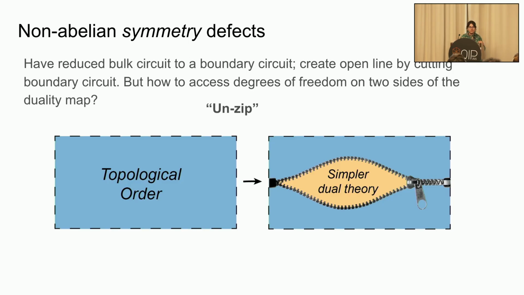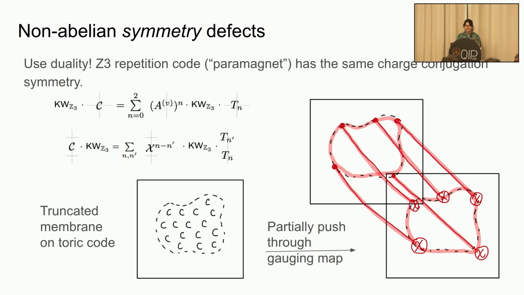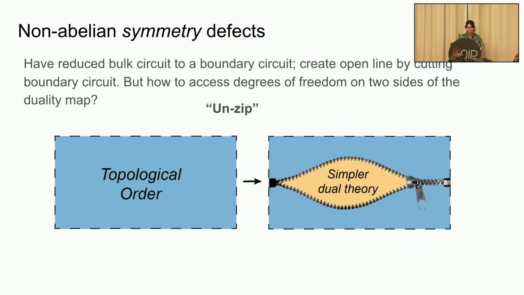But what I can do is use this unzipping. So what I do is just on the small patch of degrees of freedom that I need to act as my controls, I use the duality transformation to go back to the paramagnet state. And then these mixed gates have some meaning because I have paramagnetic and toric code degrees of freedom simultaneously in my system.